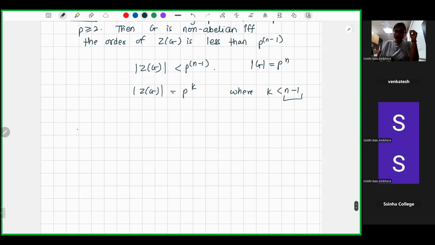So first note that this is also one theorem which we can use here.